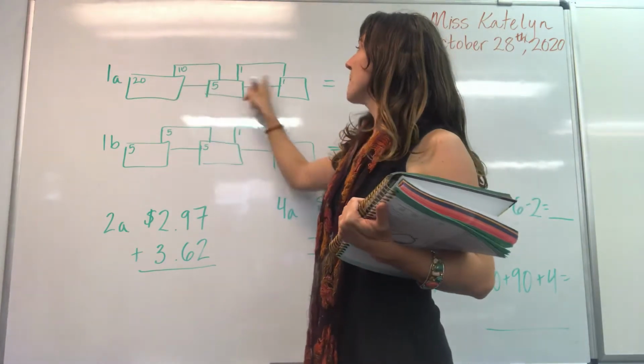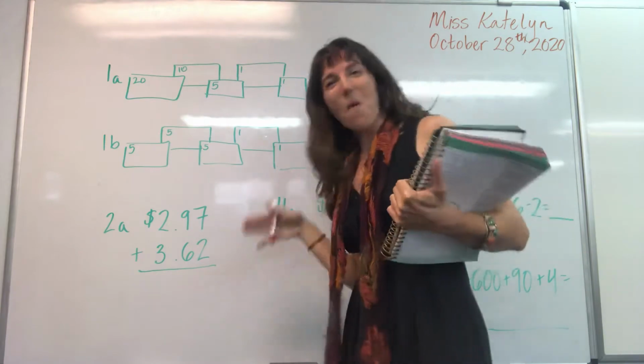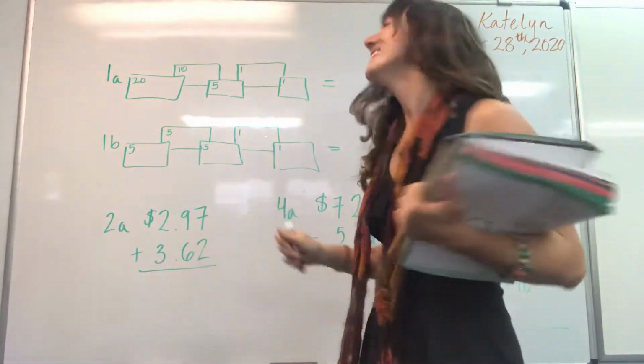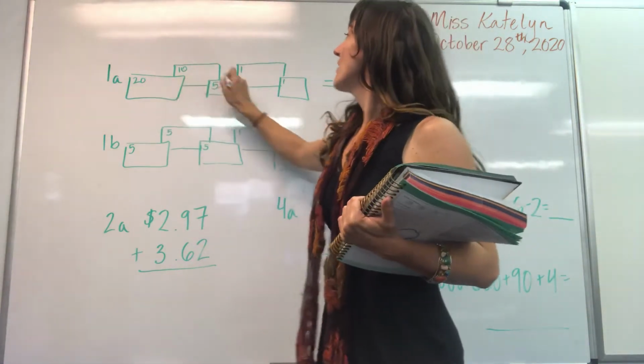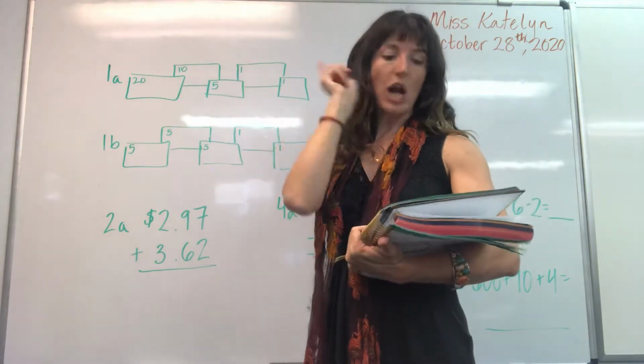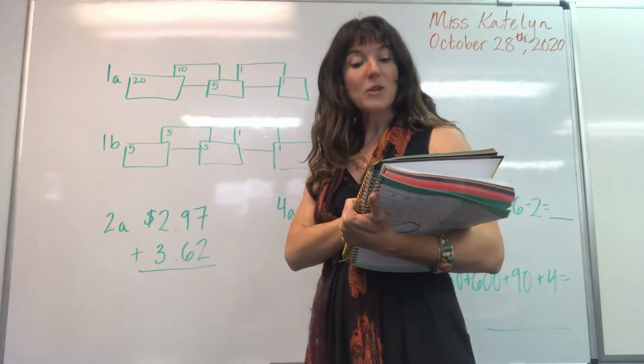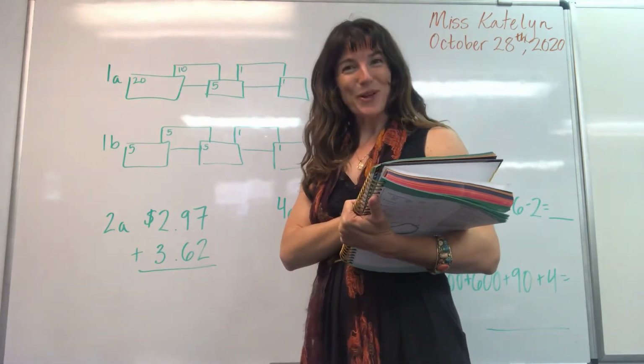I've drawn some fairly uniform dollar bills on the wall in green, and in the corners, I've written the numbers that are in your book. So take a look at 1A, put your finger on it now. How many dollars? Remember to always start with the largest bill first.